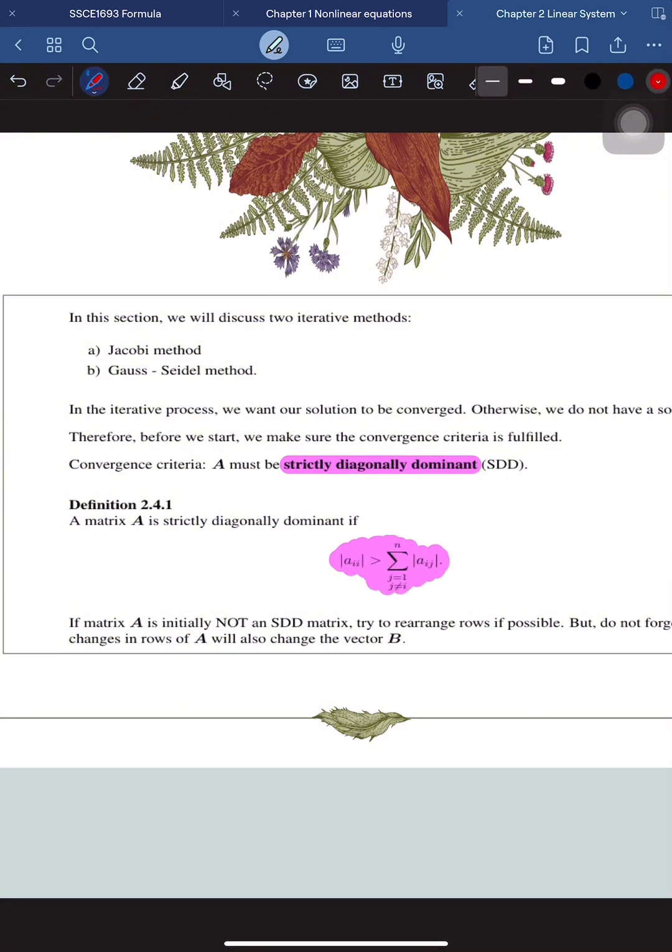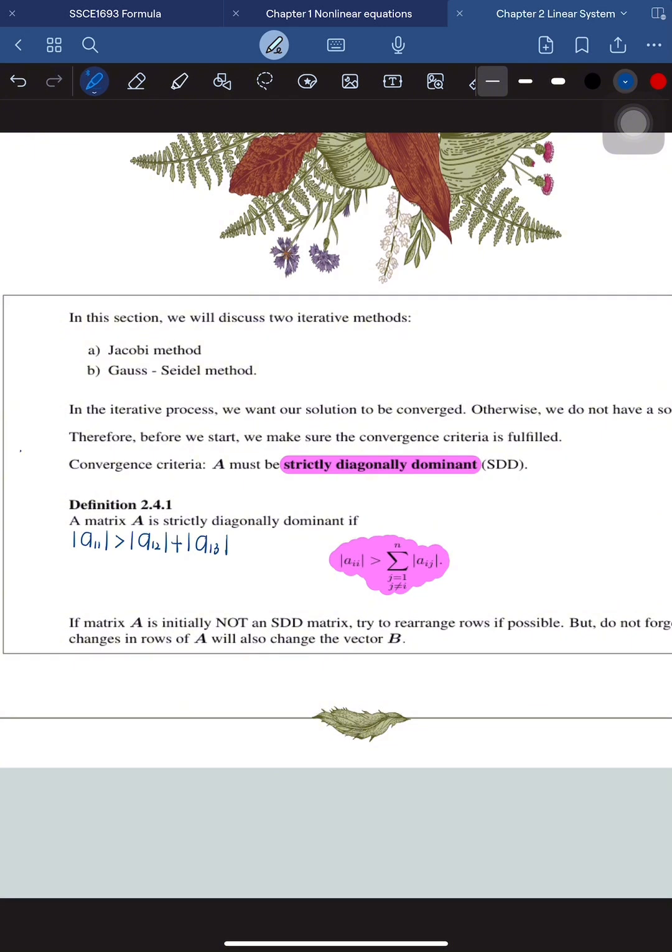For example, for the first diagonal entry A11, the absolute value must be greater than A12 plus A13. Let's say A is a 3 times 3 matrix.